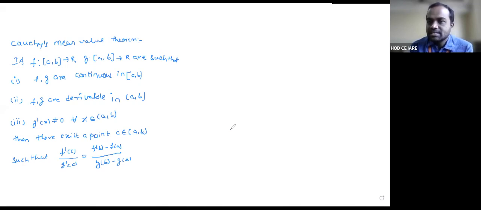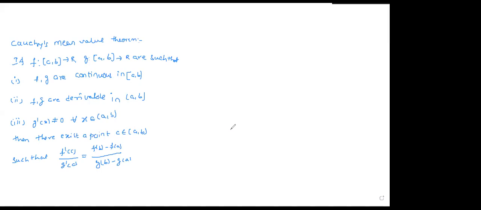The second condition is that it is derivable in the open interval (a, b). When these two conditions are satisfied, there exists at least one c belonging to the open interval (a, b).